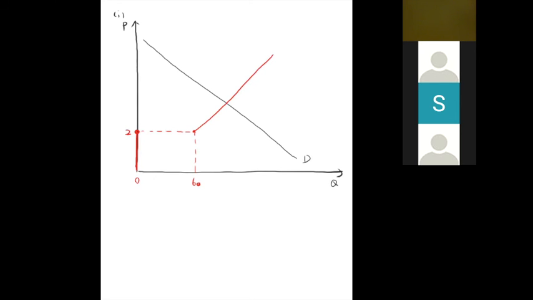And this 60 is just what we have calculated: if price equals 2, how many units our domestic farmers are willing to produce. And from that on, we have the supply curve as a straight line. So this is our domestic supply.